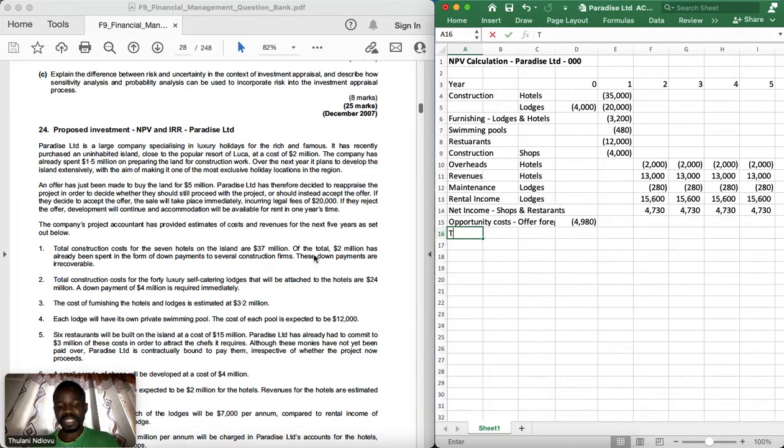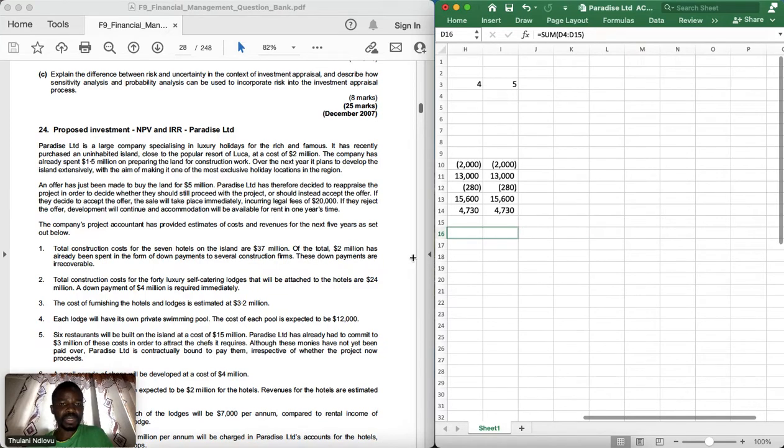Then now we can calculate our total cash flows. So here we'll say sum, that from the top, you get that sum, you can copy up to there.